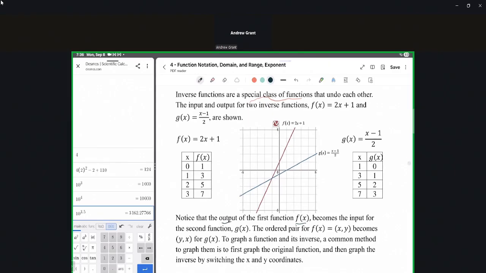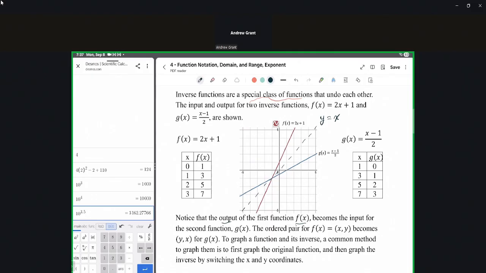They end up being a reflection of each other across the line y equals x. We've talked previously about a reflection in the x-axis and a reflection in the y-axis. This is a reflection in the line y equals x.